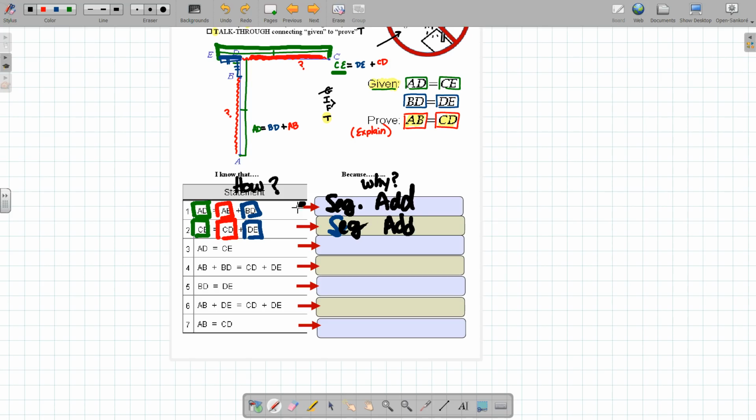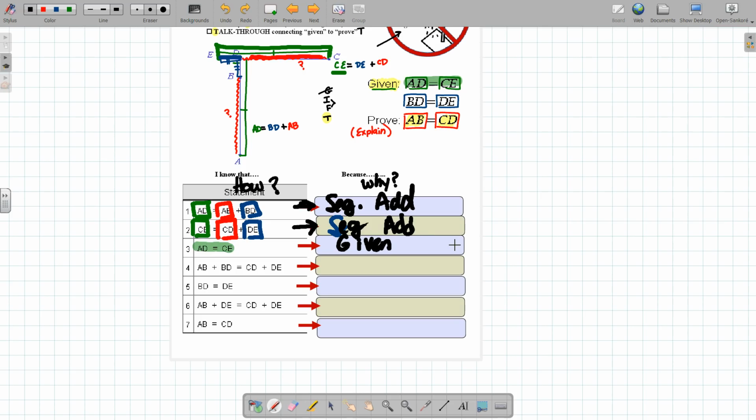So why can we take that step? It's the properties you just wrote on the other side of your folder. Now look very carefully. AD and CE are equal. Ask yourself, where do you find that information? Oh, looky there. It is given.